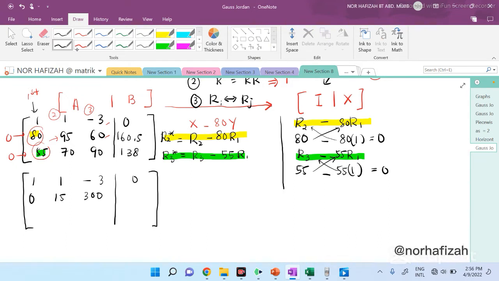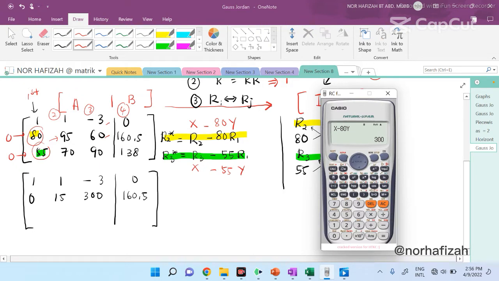Okay, so for the fourth column, we don't have to press the calculator because it's just 160.5 minus 0. So you just rewrite 160.5. If you press your calculator, it's still the same value. Right, third row, the operation now will be X minus 55Y.